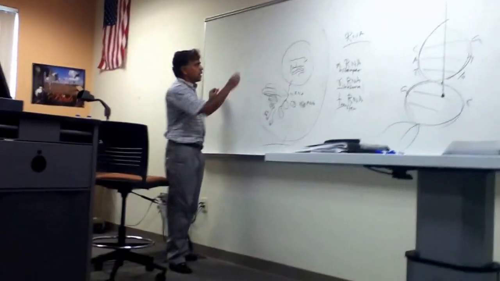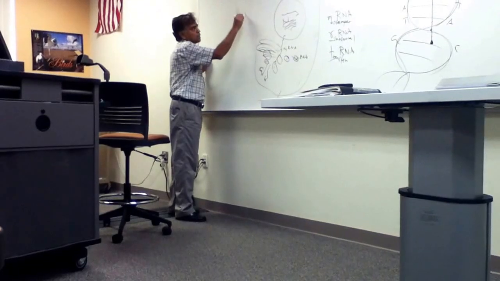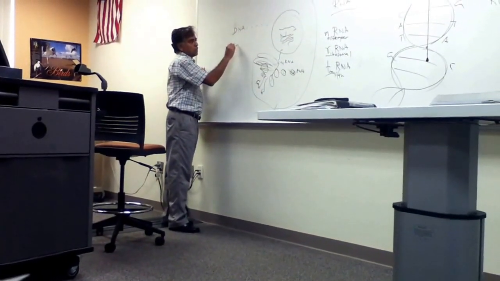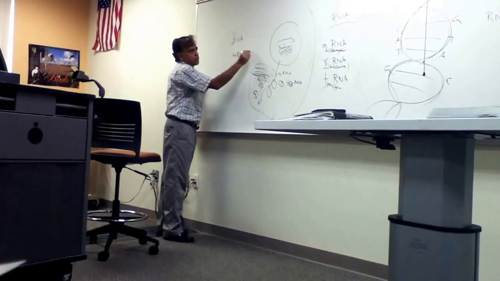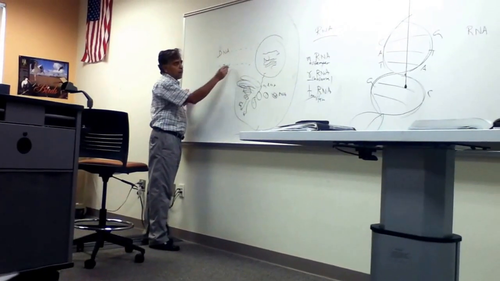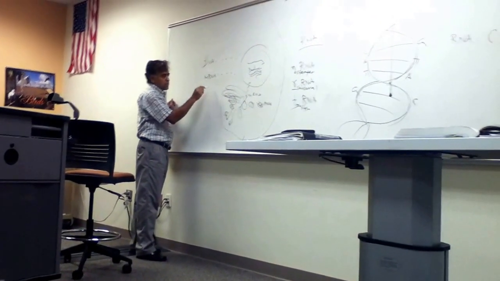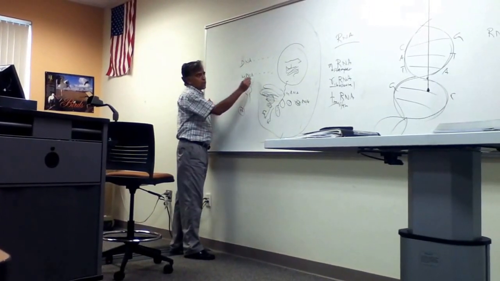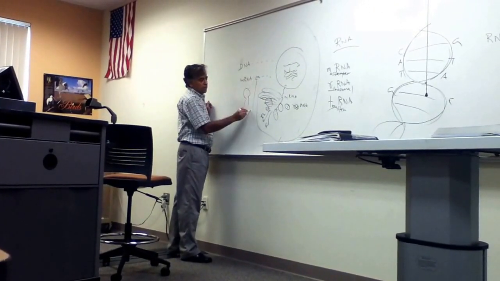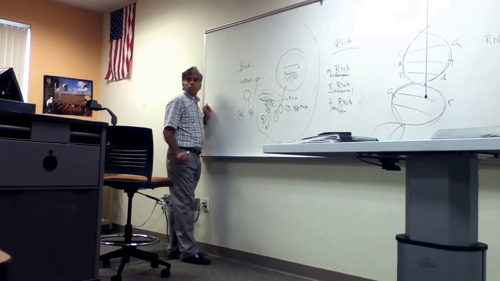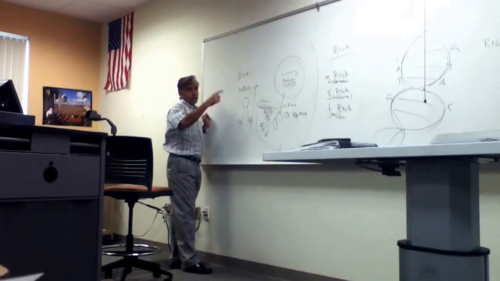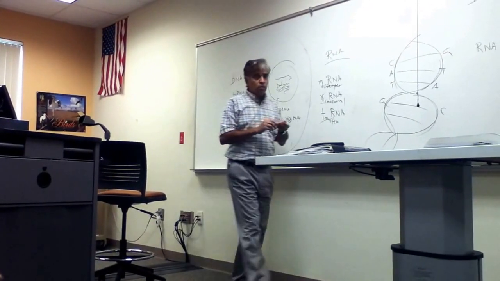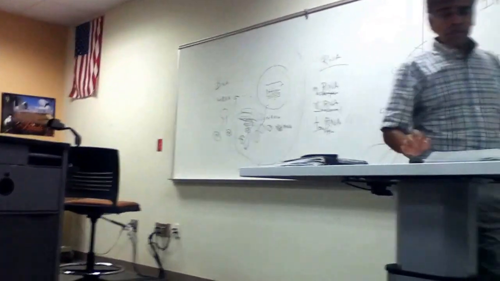So everything is predetermined in the DNA sequence, and the mRNA sequence will be complementary to that. And based on the mRNA sequence, the tRNA with whatever amino acid will come and attach here, and the first amino acid will be in place. Like that, you will add more amino acids to that. We'll see that in a couple of minutes.